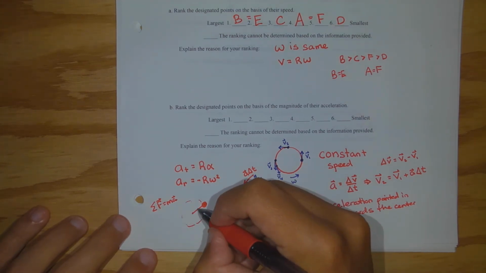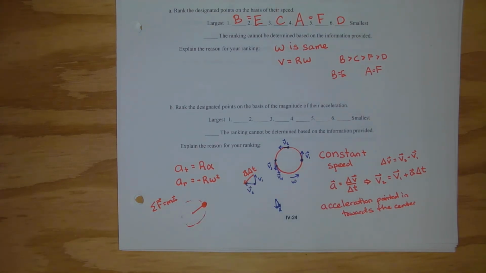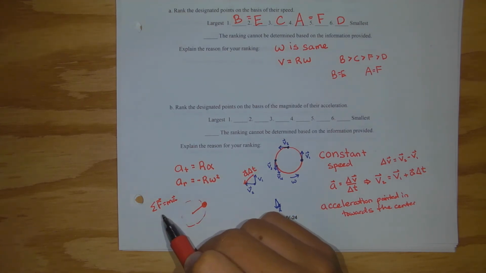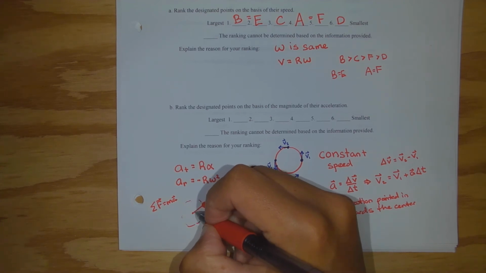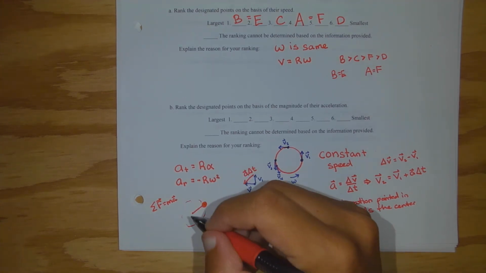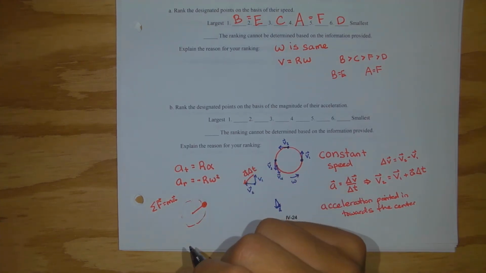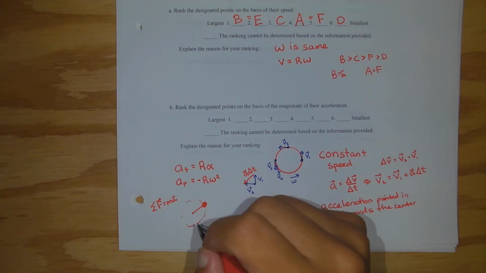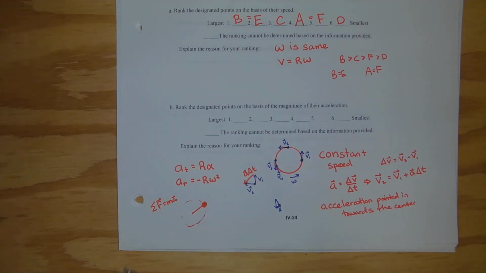So you have to have acceleration pointed in towards the center of the circle, and the net force that you are applying to the string is going to provide that acceleration. But when you let go of the string, you don't have any net force pointed inwards anymore, and your object cannot travel in a circle.